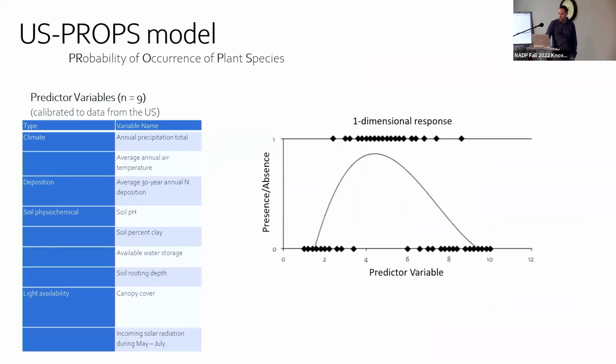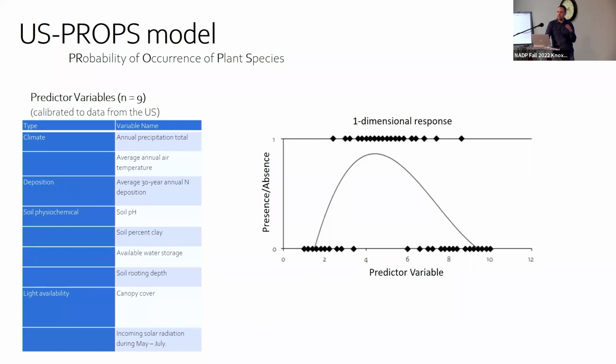We used the PROPS model for the analysis, which is a logistic regression model based on 9 predictor variables. The variables are aspects of climate, deposition, soil characteristics, and light availability. So it's a 9-dimensional model that predicts the probability of occurrence.